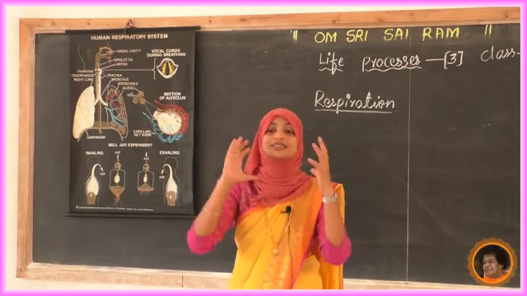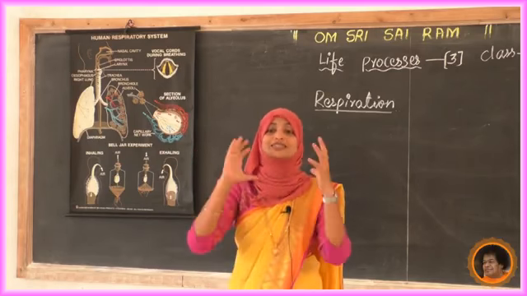See, some have the habit of smoking. So what happens in a smoking person? It is going to destroy, because we know that harmful gases are there in smoke. Those who are smoking are getting harmful gases like carbon monoxide, etc. So it is destroying that mucus and those small hairs.